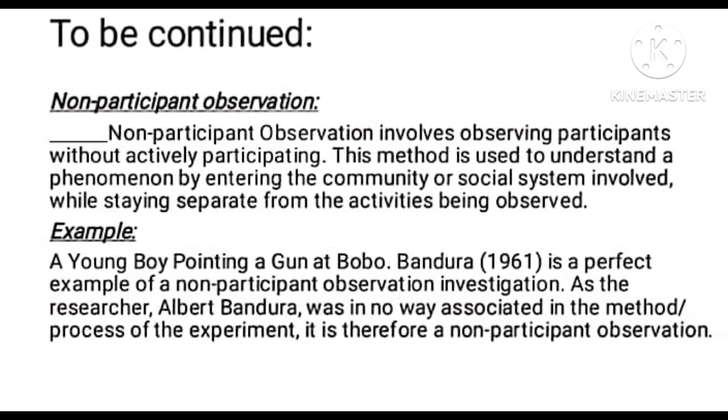For example, a young boy pointing a gun at the Bobo doll in Bandura's study is a perfect example of non-participant observation. As a researcher, Albert Bandura was in no way associated with the method or process of the experiment. It is therefore a non-participant observation.